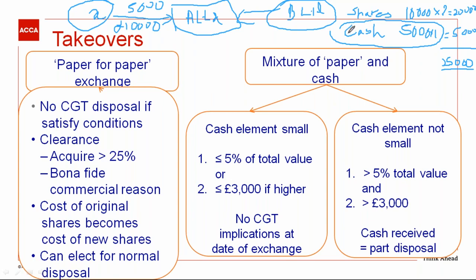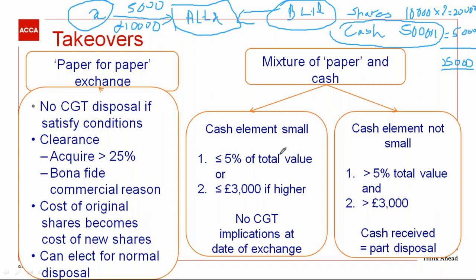However, that depends on whether the cash amount received is small or not. If it is a small cash amount, then you don't have to pay CGT immediately. But if the cash amount is not small, then there is an immediate CGT. Then how do you determine whether it's a small cash transaction or not?